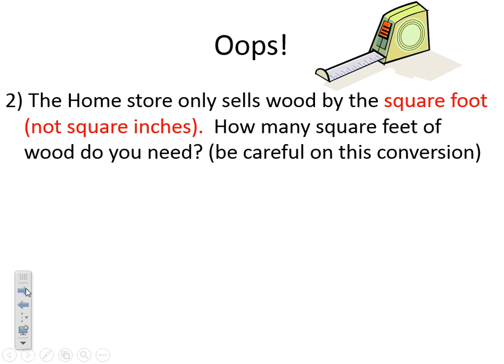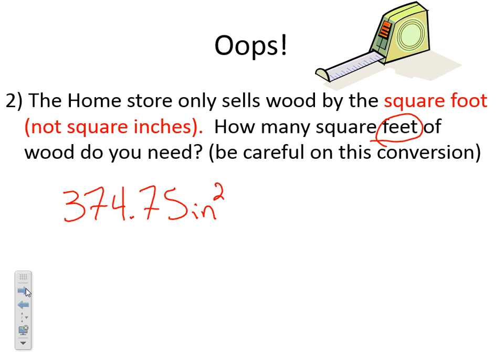Now, the problem is that we went to the home store, they only sell wood by the square foot, not the square inches. So we found out that there was 374.75 inches squared, but we need to change it to feet squared.